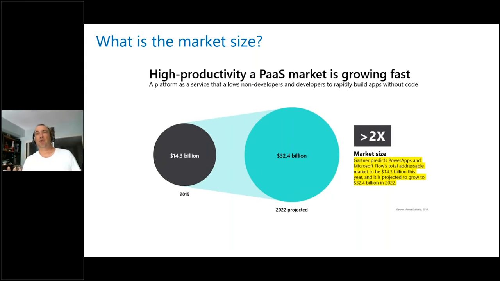Again, like I said, it is growing. And by the estimates, according to Gartner, by 2022, it's projected to be about a $32 billion market. That's very, very conservative, actually. And so Gartner predicts Power Apps and Power Automate, formerly called Microsoft Flow, has a pretty significant addressable market.